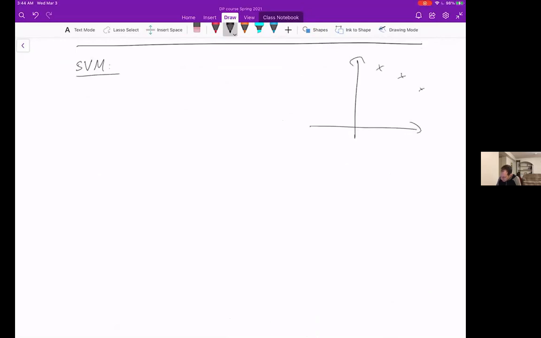Suppose you've got points from two different classes, and you're trying to find a hyperplane that is, in this case, in 2 dimensions, just a line, but in general, something defined as the set of things orthogonal to some vector passing through some point. You're trying to find a hyperplane that separates these points as well as possible.